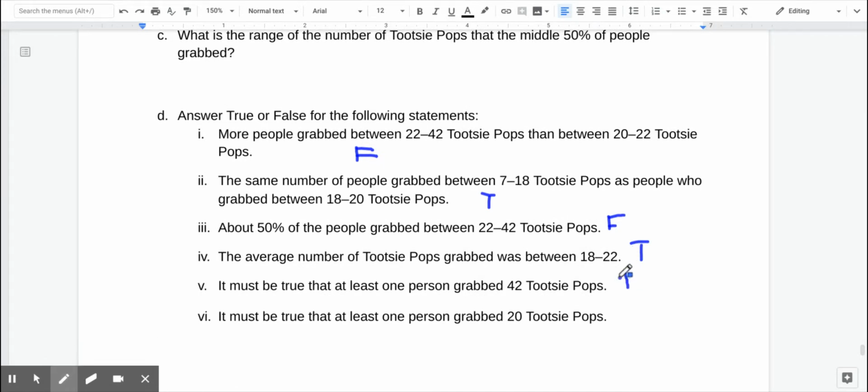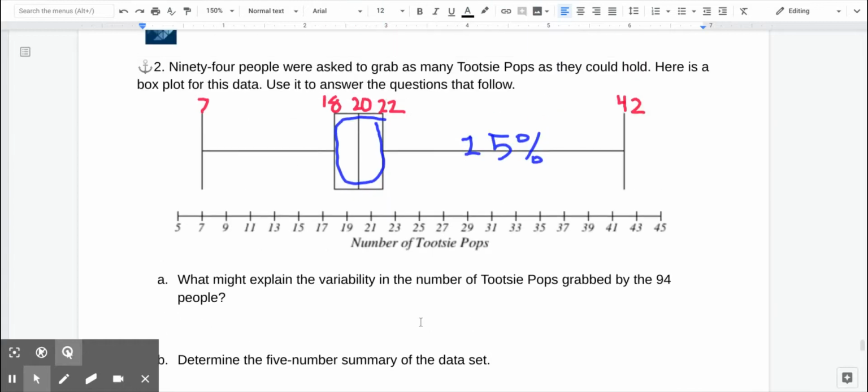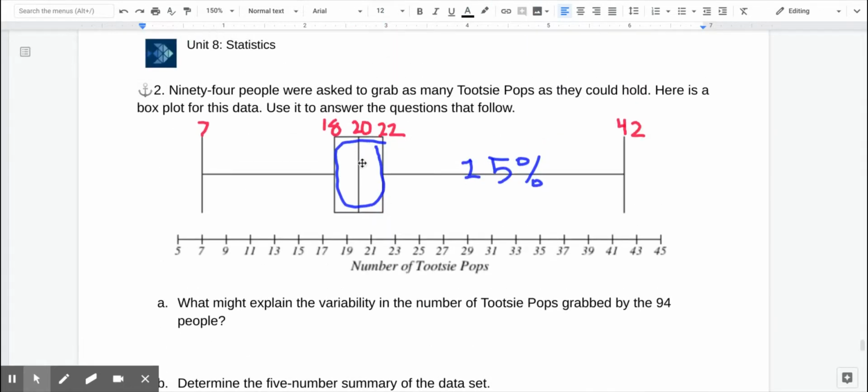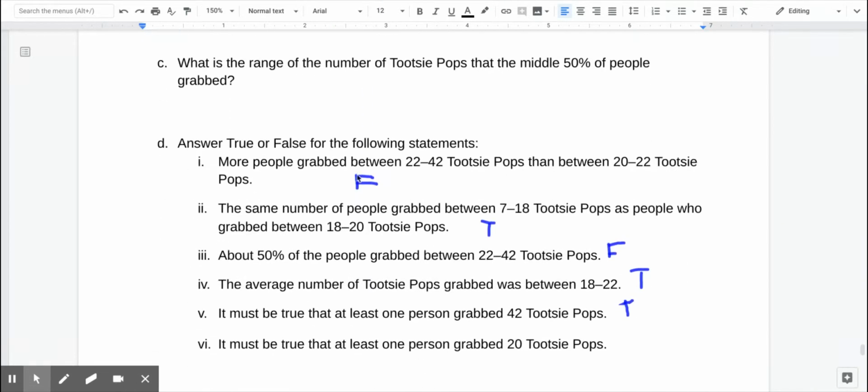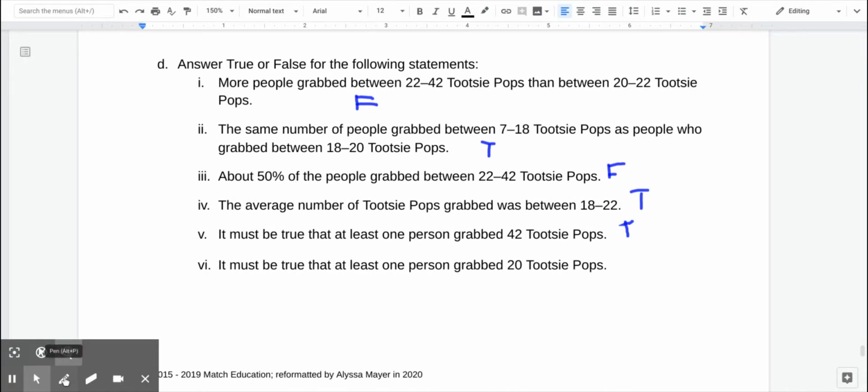And finally, it must be true that at least one person grabbed 20 Tootsie Pops. No, that's the median number. And so I could have had dots on either side of that median and have found it by finding the halfway point between those data points. So no, it is not necessarily true that at least one person grabbed 20 Tootsie Pops.